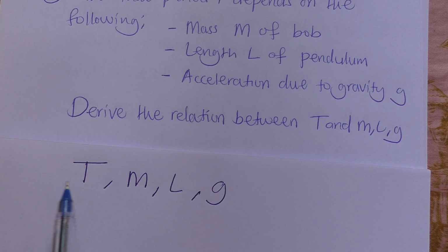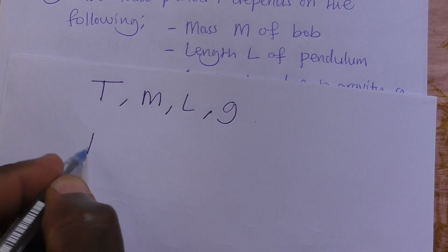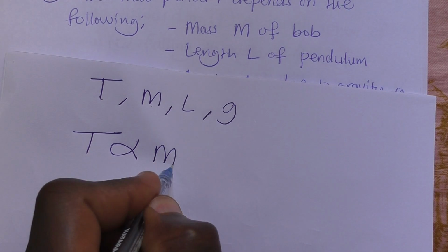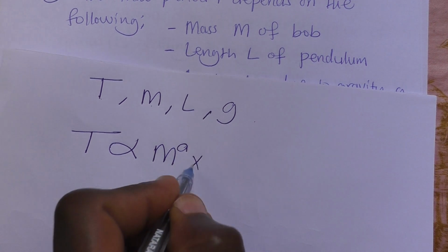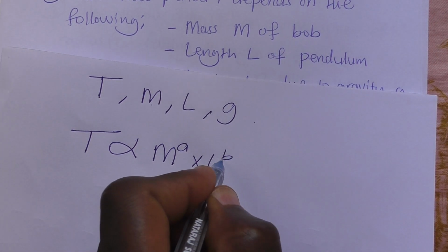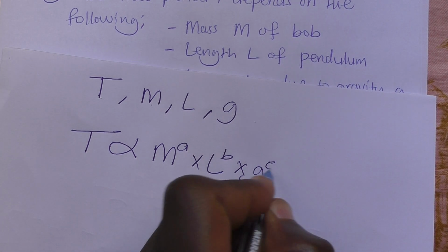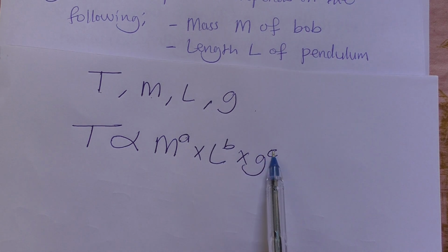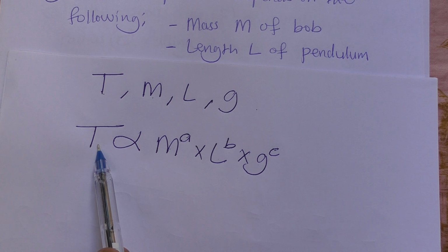But we are told that T depends on these three, and therefore that means that T is directly proportional to m raised to a certain power times L raised to a certain power times g raised to a certain power. It is the power that will show us how each of these three affects T.